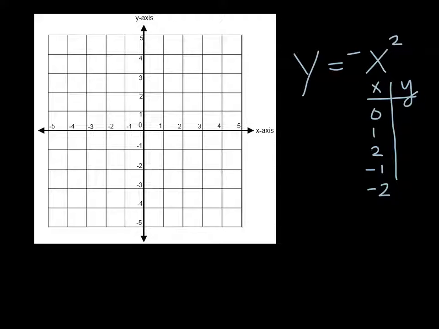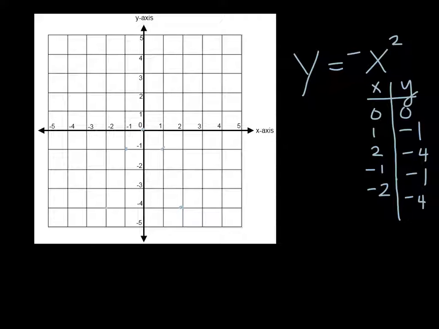If I plug in 0, I'll still get 0. If I plug in 1, I'll get negative 1. 2 would give me negative 4, just down here. Negative 1 would give me negative 1. And negative 2 would give me negative 4.